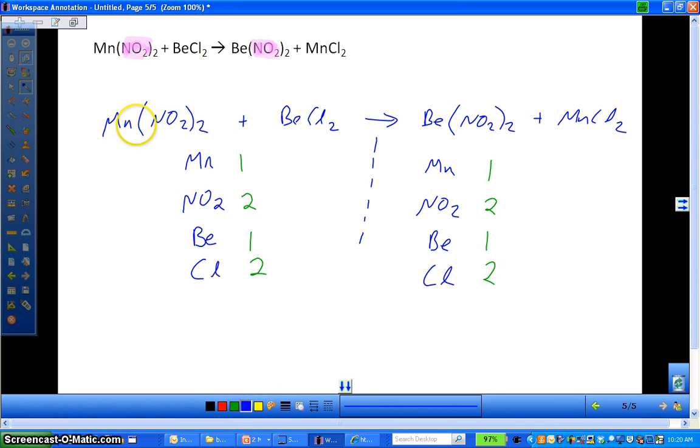And again, I forgot my placeholders. So we count 1, 2, 2, 1, 1, 2, 2. And look at that, it's already balanced. Gosh, you can see I don't do these in advance, can't you? Okay, next one.